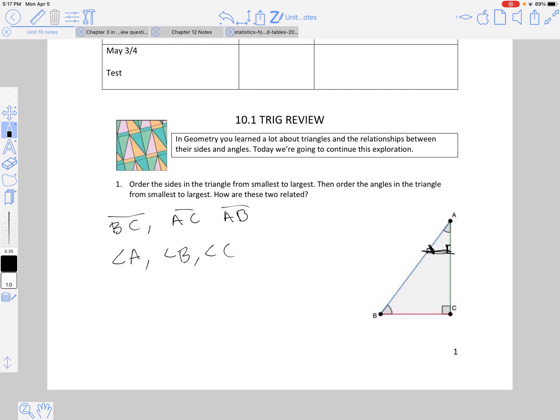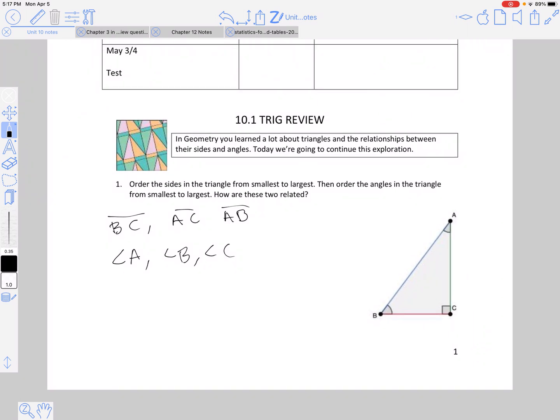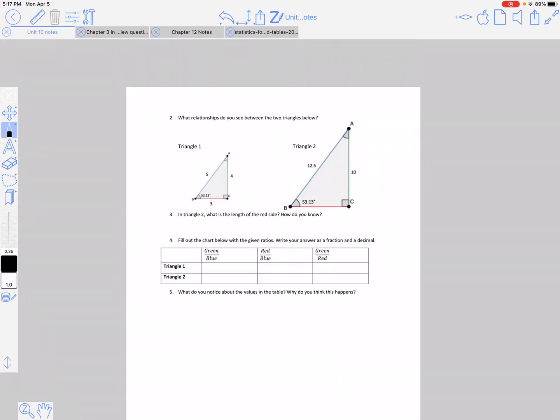But we can obviously change the size of our triangle, okay? So the size of the angle will correlate to the size of the sides. So keep that in mind. But the largest side is across from the largest angle.